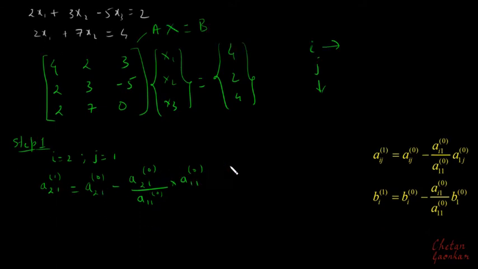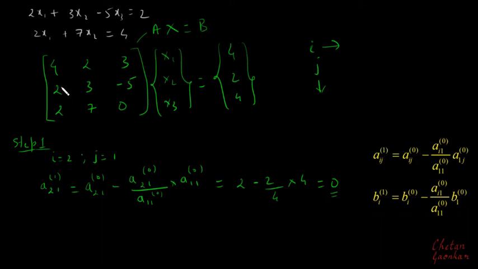In this case, a21 original was 2, minus a21 original again 2, a11 original was 4, multiplied by 4. So I am getting this as 0. So very efficiently I have made this 0.